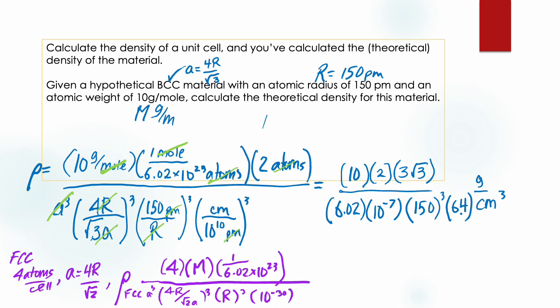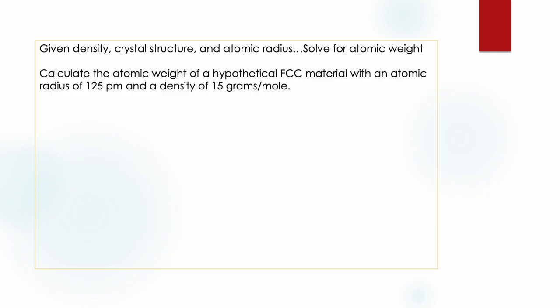So this next example, I'm going to use FCC, and I'm not solving for density this time. I'm given density and crystal structure and radius, and I have to find atomic mass.